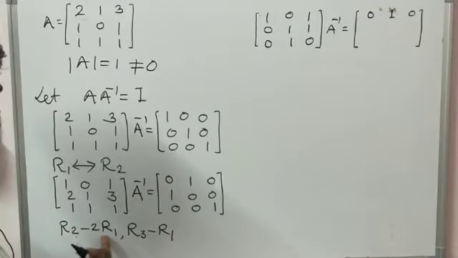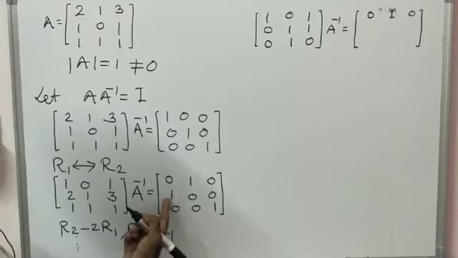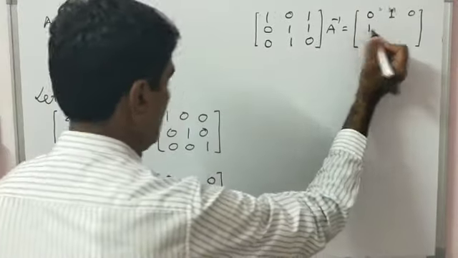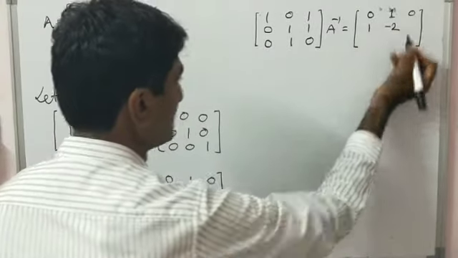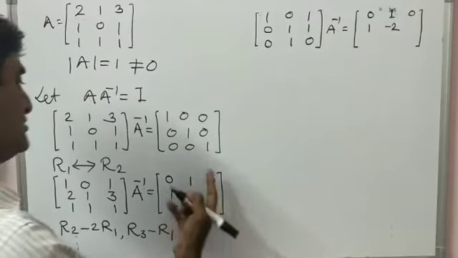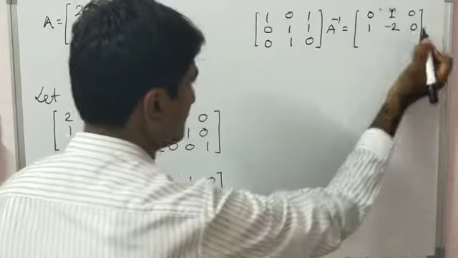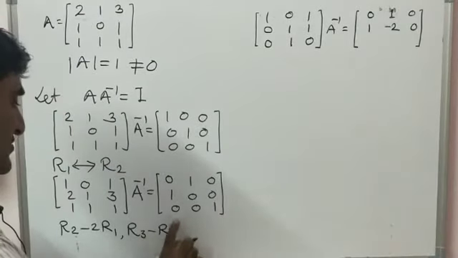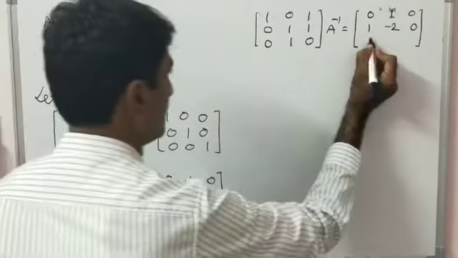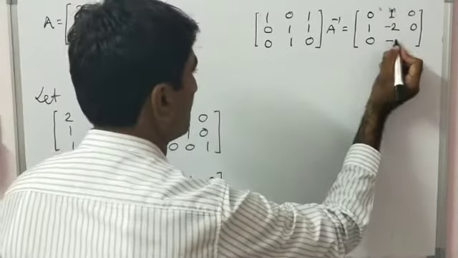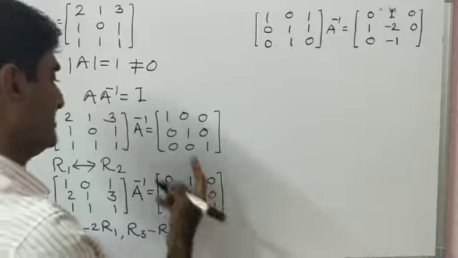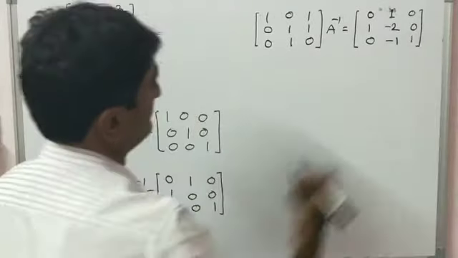Now R2 minus twice R1: 1 minus 0 is 1, 0 minus 2 is minus 2, and 0 minus 0 is 0. Now R3 minus R1: 0 minus 0 is 0, 0 minus 1 is minus 1, and 1 minus 0 is 1.